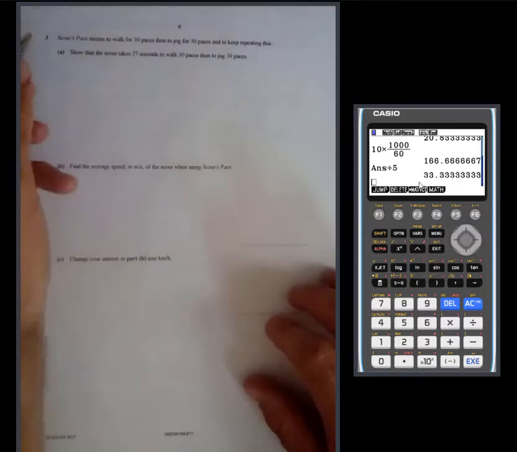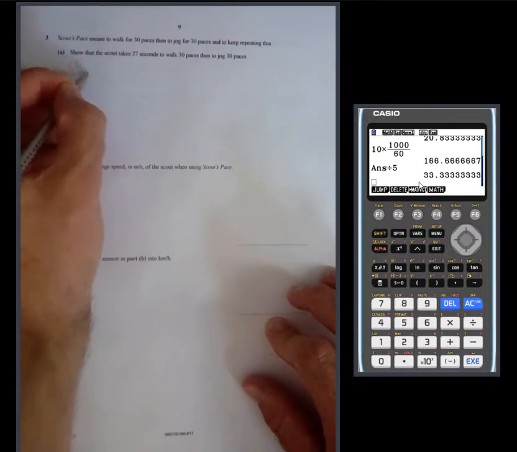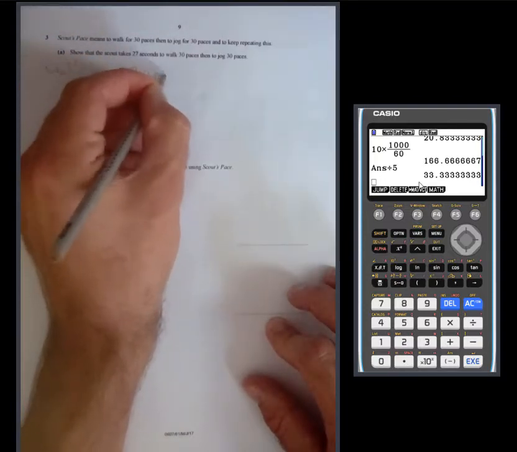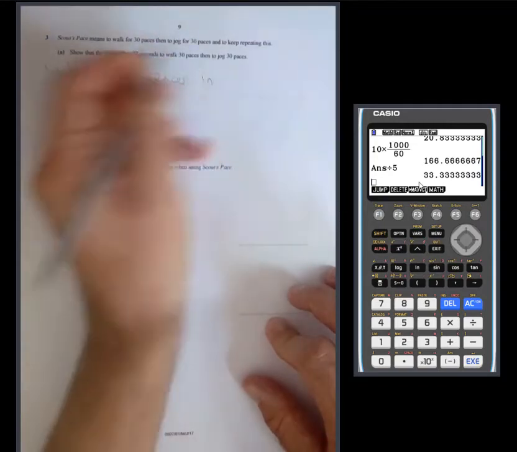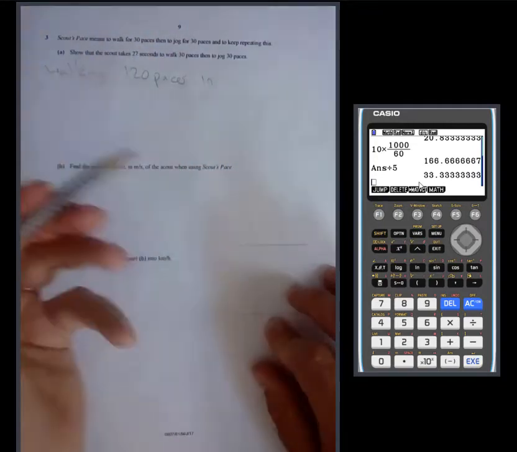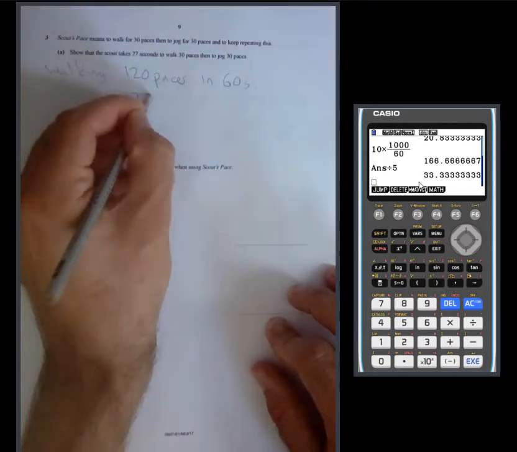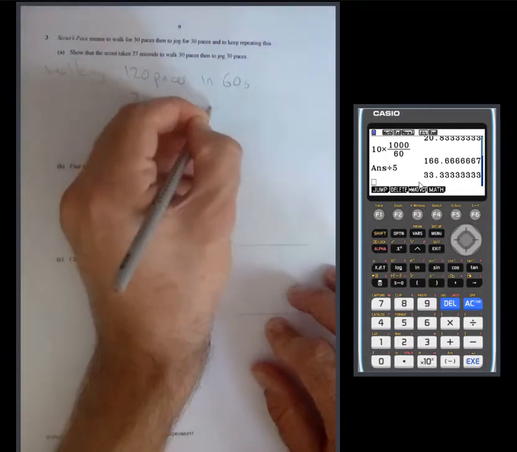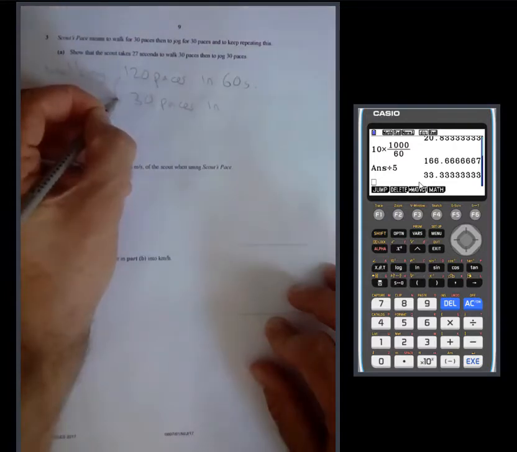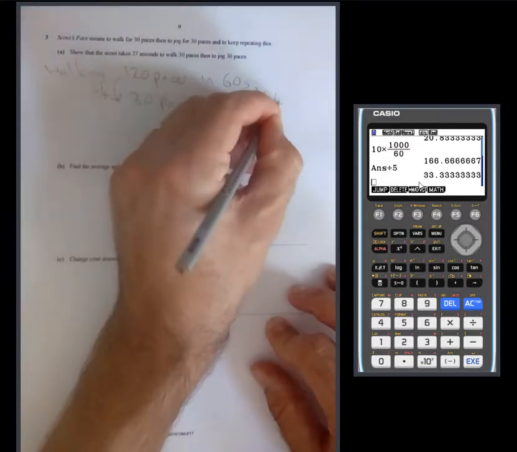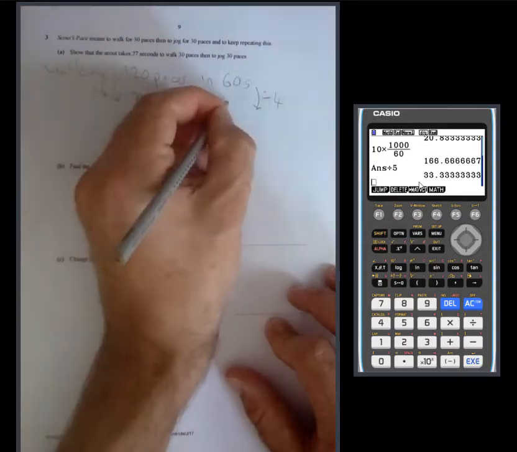So walking, that was 120 paces in 1 minute, and we're interested in seconds, so I'm going to call that 60 seconds. So that would mean 30 paces in, well, direct proportion again, 120 to 30, you divide by 4. Divide by 4 on the other side, that is 15 seconds.